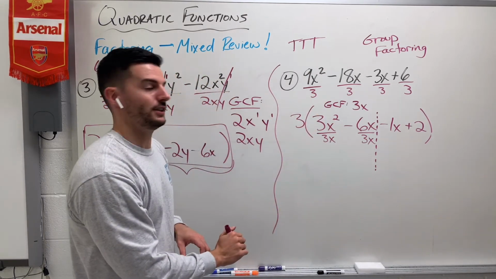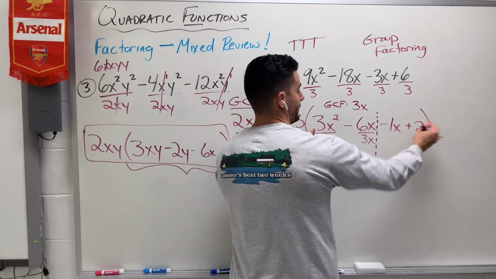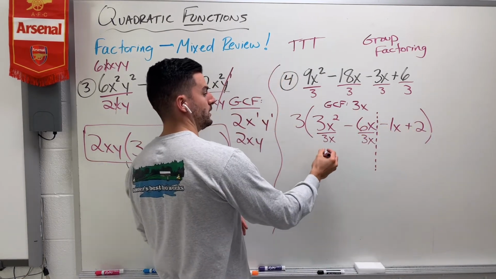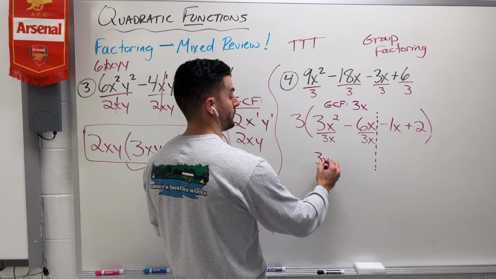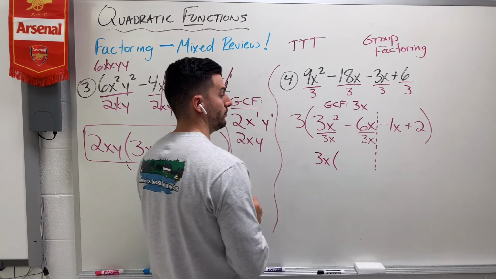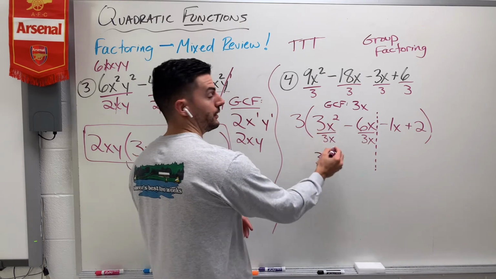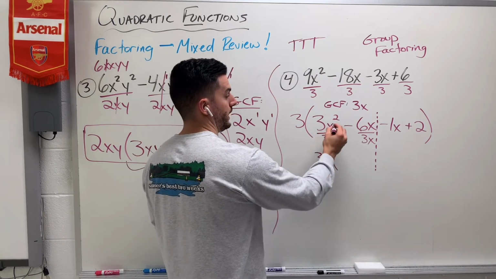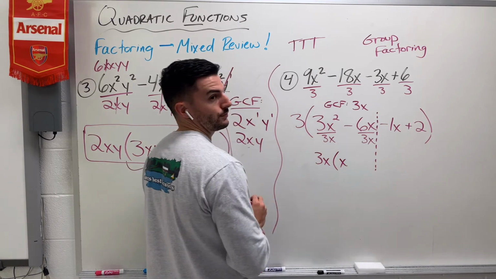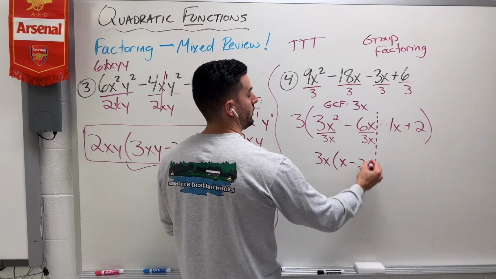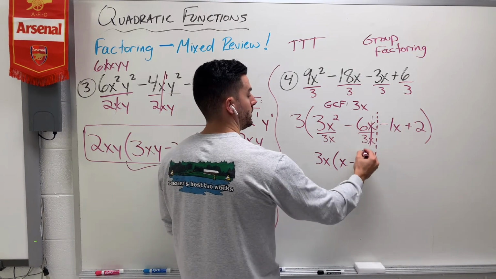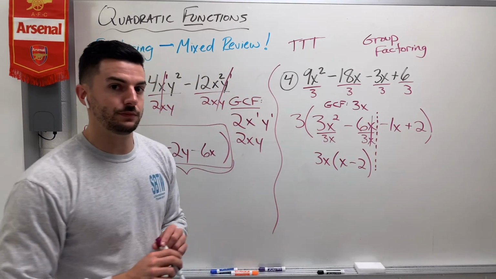I'll write it in my answer at the end, but I'm only really worried about this group right now, so I'll just leave it off. So I'm left with this 3x that I'm factoring out, and then I divide: 3 divided by 3 is 1, x squared divided by x would just be x, and then minus 6 divided by 3 is 2, x divided by x cancels. So I have x minus 2.